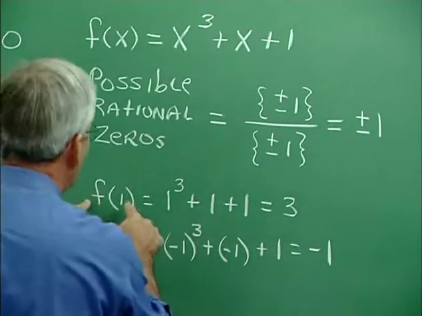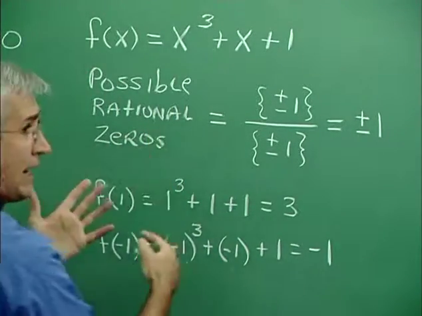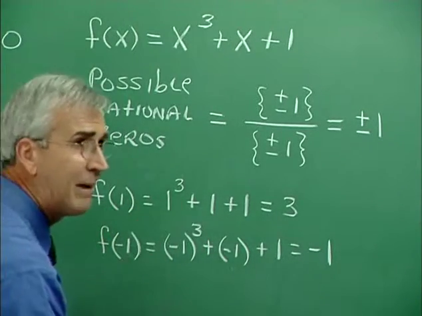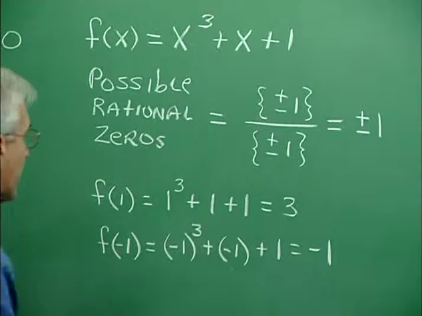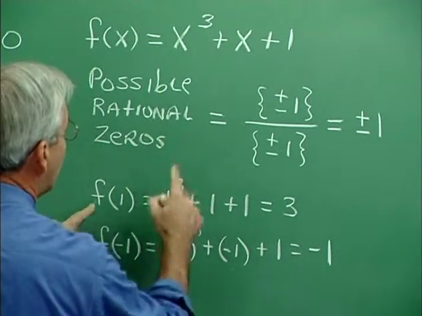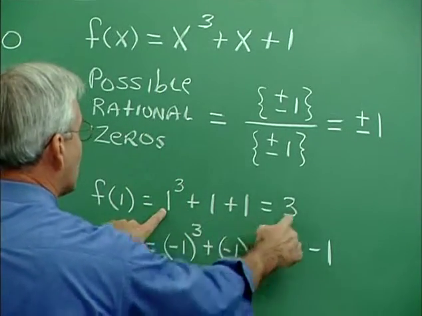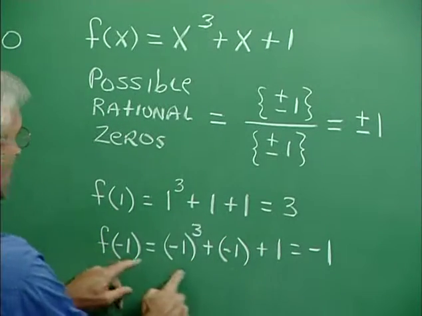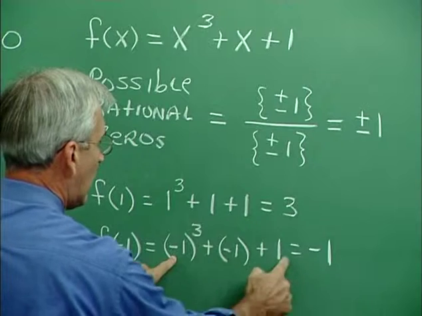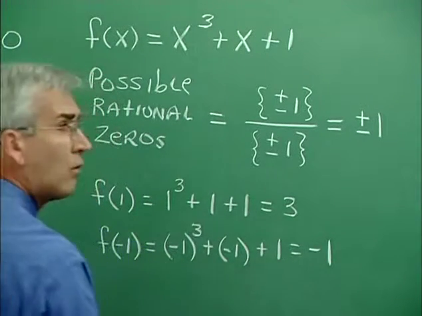Now, notice I'm evaluating f of 1 and f of negative 1 by hand because there's no sense in going through the synthetic division process for this purpose. It's just too easy. So f of 1 means replace x with 1 and evaluate. We have 1 cubed plus 1 plus 1, that's 3. F of negative 1 is negative 1 cubed, which is negative 1, and then with negative 1 and 1, we'll give negative 1.